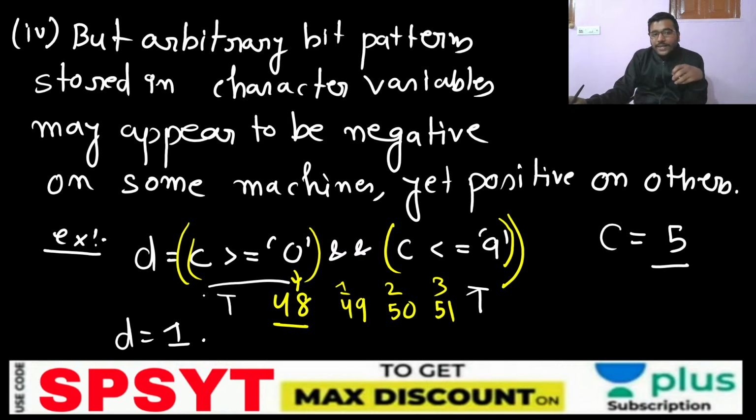If you want to compare characters, you use this way, to check whether the character they have given is a digit or an alphabet. Is it clear, Chetan, how D is going to be 1 if C is 5? This kind of question is asked in your practical exam.